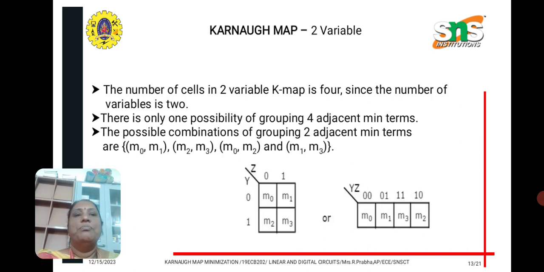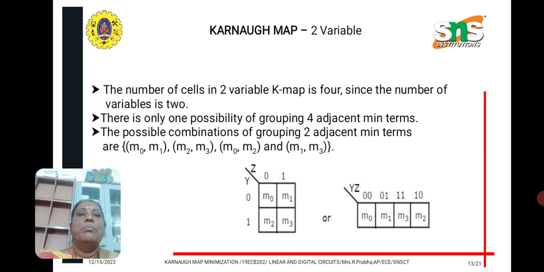So the 2 variable Karnaugh map consists of 4 cells, because we know that the formula for calculating the number of cells of a K-map is 2 power n, where n is the number of variables. So for 2 variable K-map, 2 power 2 is equal to 4. So the K-map contains 4 cells.